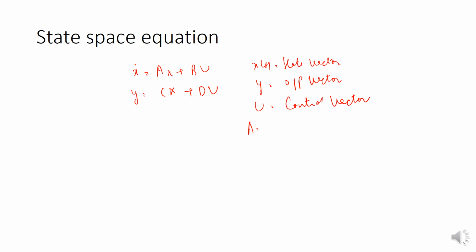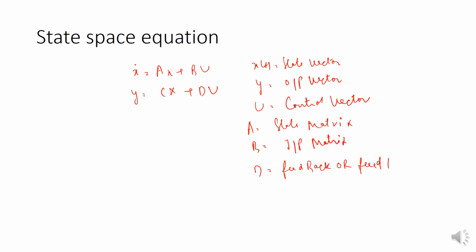A is the state matrix, B is the input matrix, D is the feedback or feed forward matrix, and C is the output matrix.